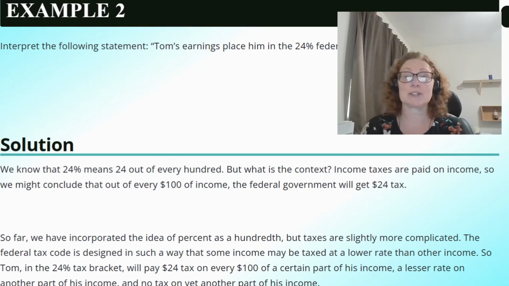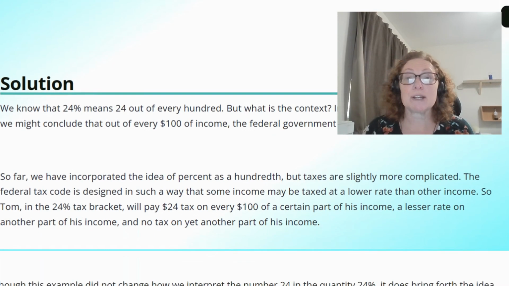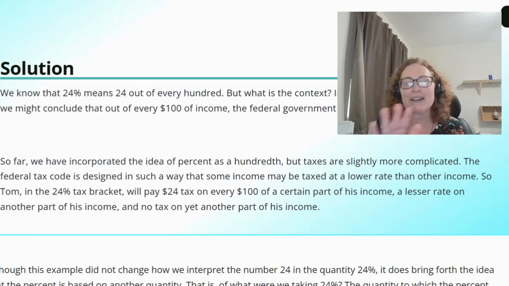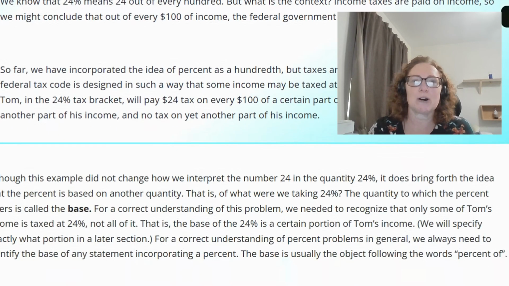Okay, see how that works? But we all know that taxes are a little bit different than that. It gets more complicated because sometimes there's a percentage on one part and not on the other, or you have deductions that can come out. So it's not always exact, but that's kind of what we're looking at here as well.